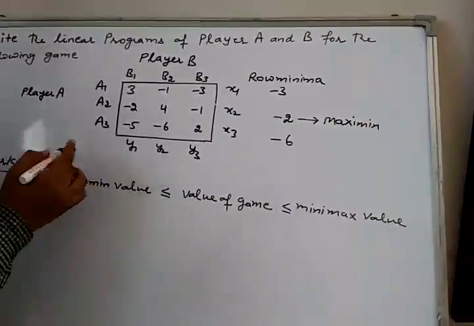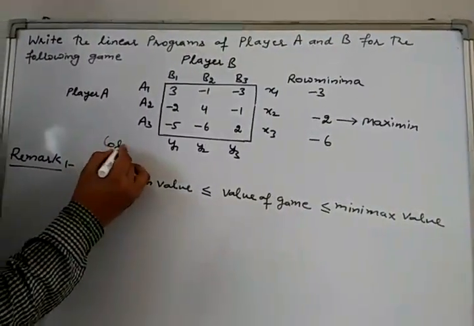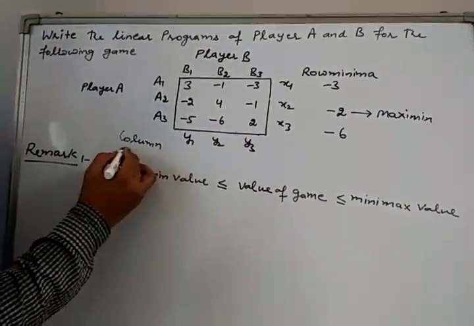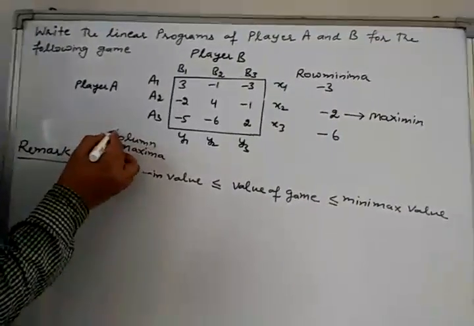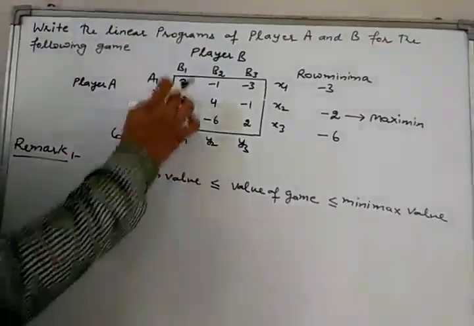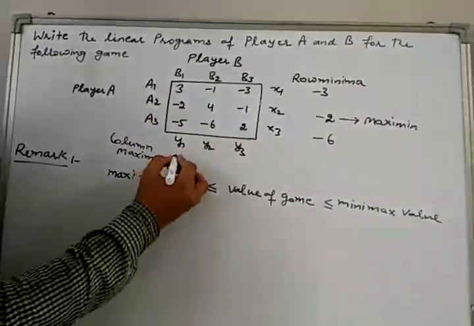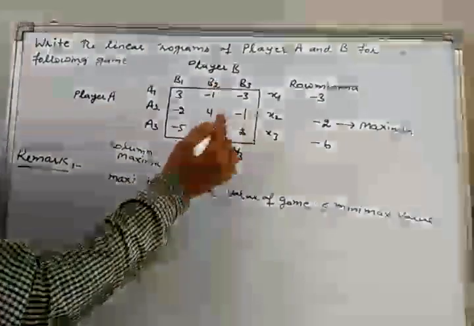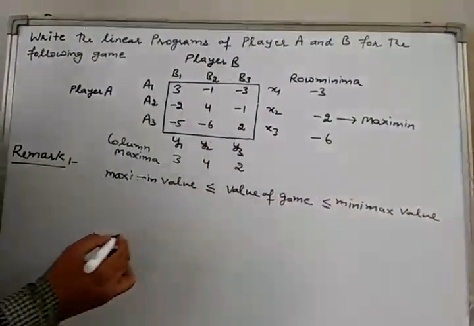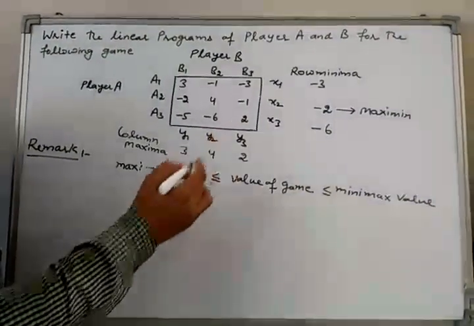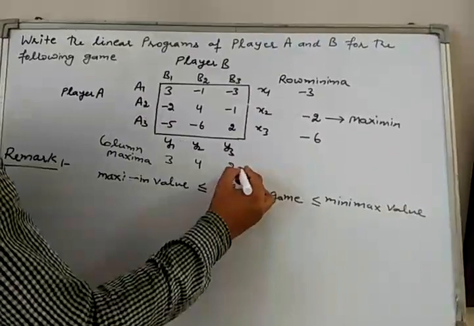Now we find the column maxima. The maximum of this column is 3, the maximum of this column is 4, and the maximum of this column is 2. Now we find the minimax value. The minimax value is this.